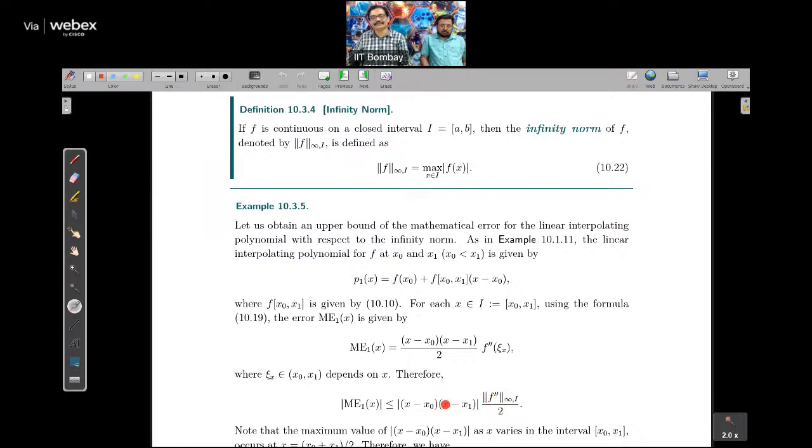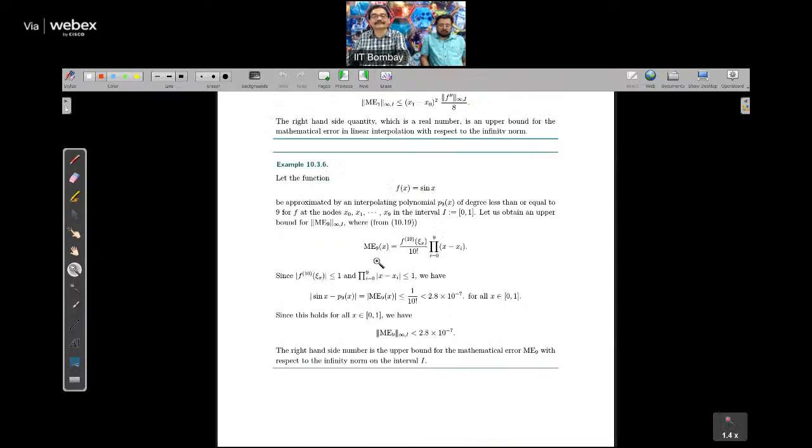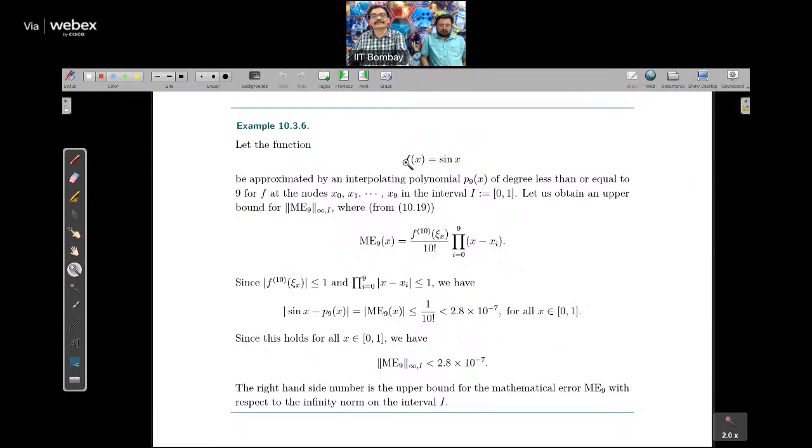And for this, since it's a quadratic polynomial in this particular case, you can easily obtain the upper bound. If it is a higher degree polynomial, then you look at the interval. That we have done in the next example, where we have taken f of x equal to sine x, and we asked you to find the upper bound for the error in P9, the ninth degree polynomial.